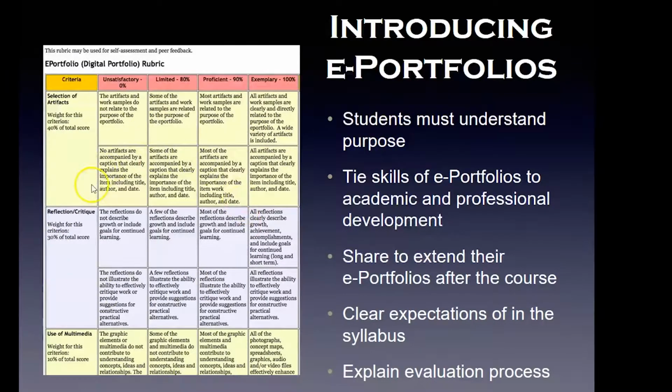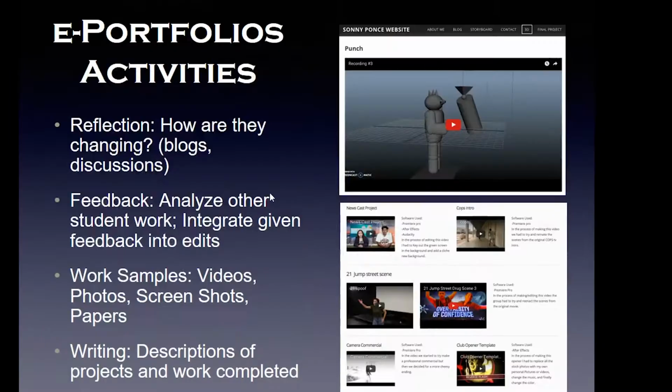Here's an example of a rubric. However you break it down, this all can vary for you. Are you going to be grading their reflections and their blogs heavily for their writing? Are you going to be grading the projects that they post? This is your chance to dictate that, but overall our purpose is to make sure students have a place to put their work and to build a portfolio that they can share.